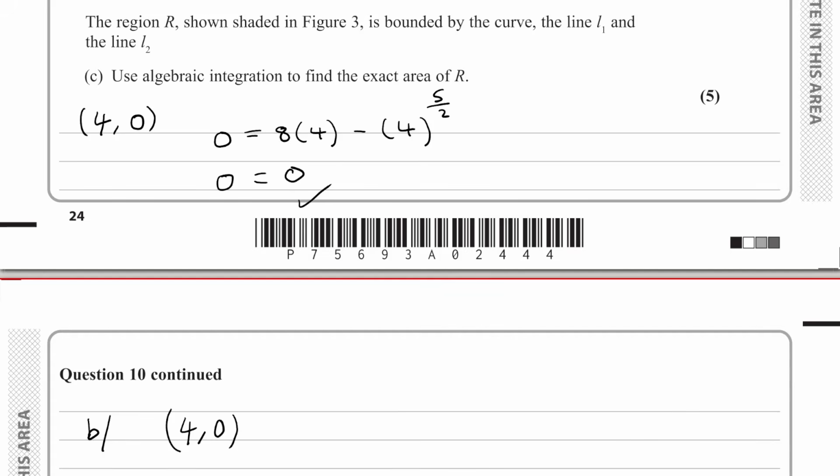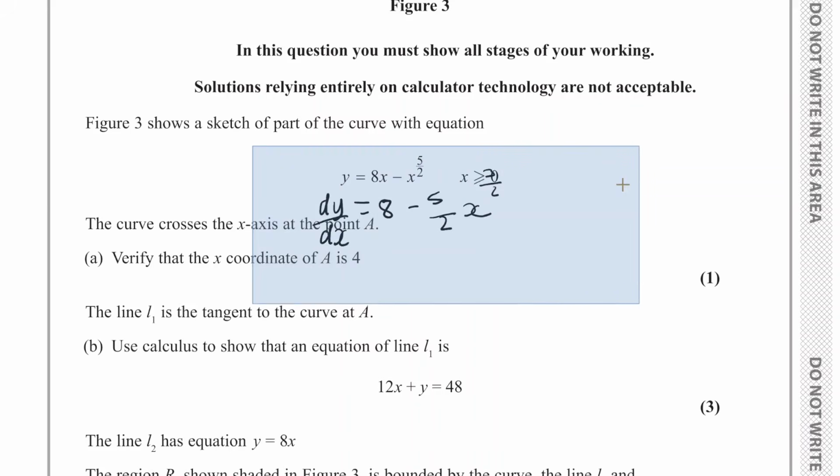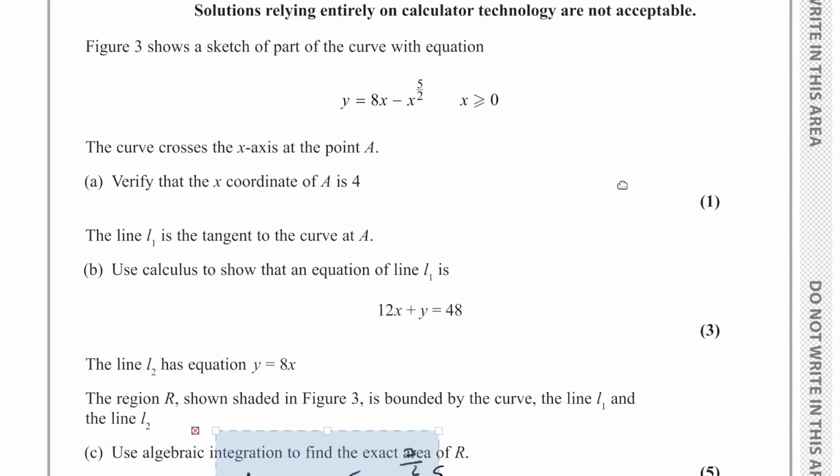We know the gradient at that point, so we're going to differentiate. dy/dx is 8 minus 5 over 2 x to the power of 3 over 2. So times by the power, take 1 off the power.